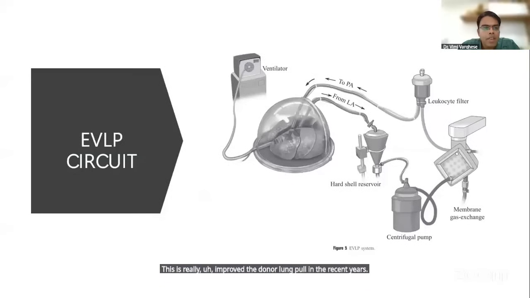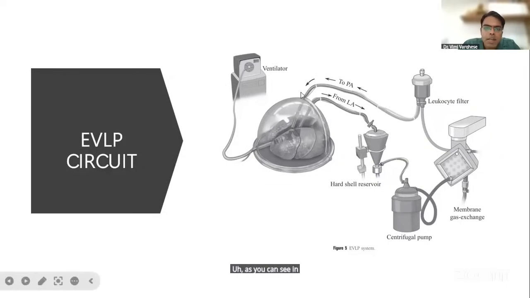Now, I'm just going to mention in brief what an EVLP circuit is. You can see that there is a dome in the center of the screen. You can see the donor lungs, and you can see 2 circuits.